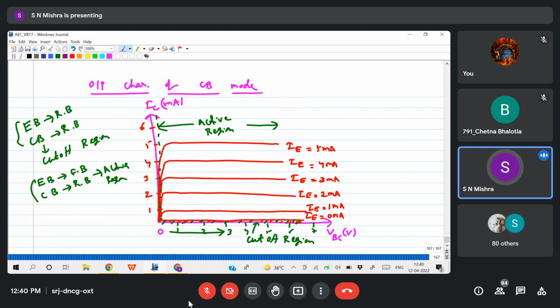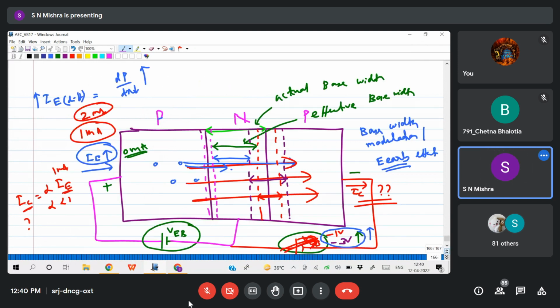Now let us extend this to the left hand side. If I extend this one, then what will happen? VCB, I am giving negative voltage here. If you look at here, this is your PNP.